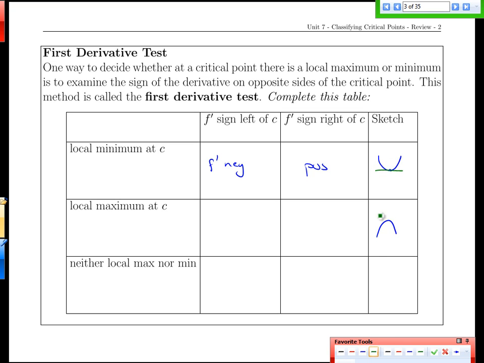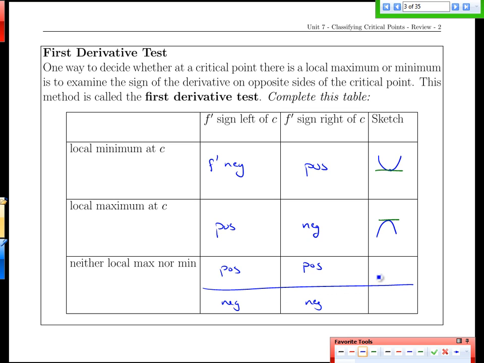Likewise, a local maximum is going to have positive slopes in the lead up towards the critical point, and it's going to have negative slopes, decreasing values, as we move right from the critical point. And the other possibilities really are only positive, positive, and negative, negative.